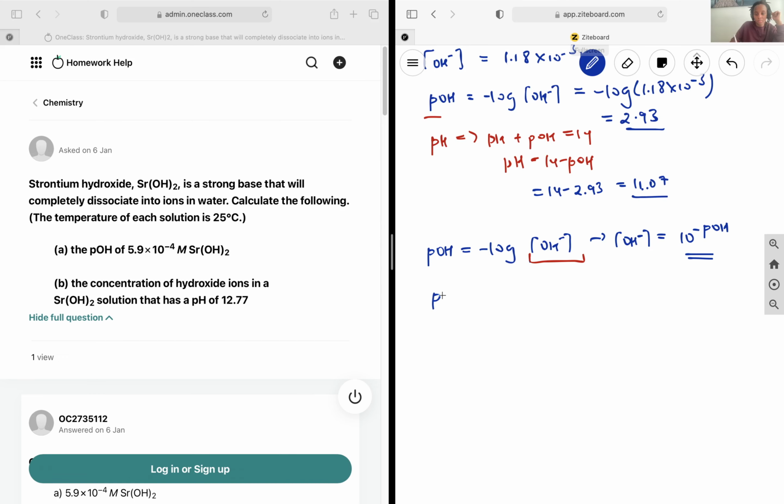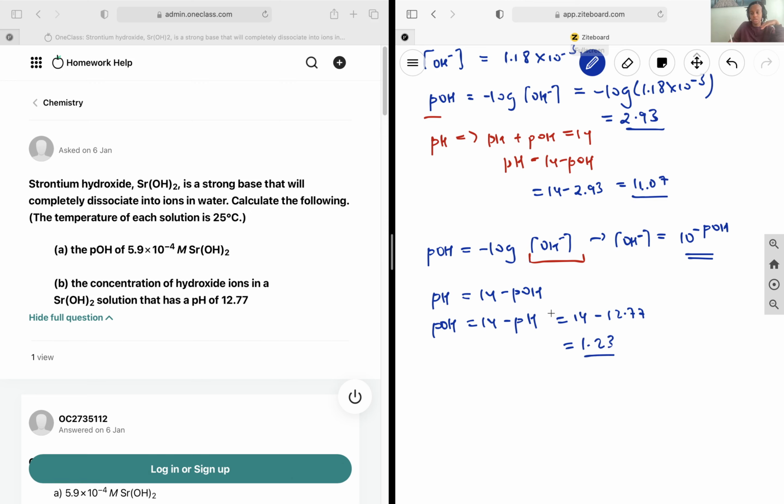And so we're given the pH, which is equal to 14 minus the pOH. So in order to get the pOH, we are going to do 14 minus the pH. So let's go about that. 14 minus 12.77, which would give you a pOH of 1.23.